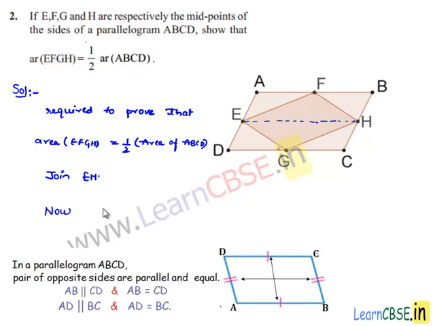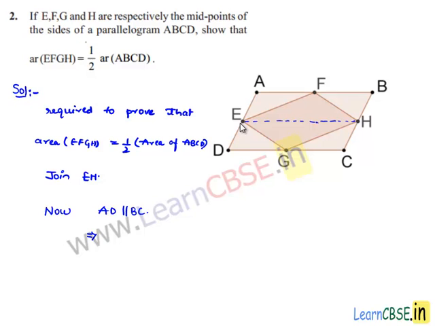We know that in a parallelogram AD is parallel to BC, since opposite sides are parallel and also equal, which implies, as E is a midpoint of AD, we can write AD as 2 times AE.